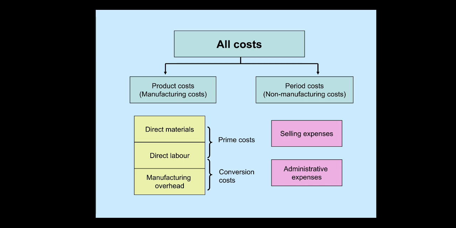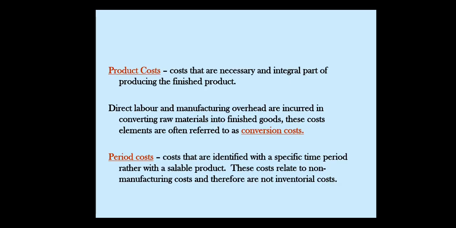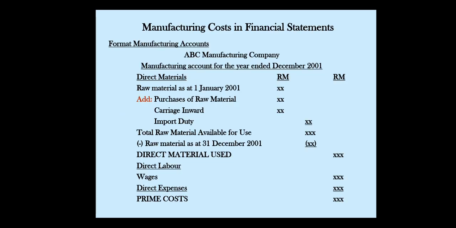That's why direct labor cost plus manufacturing overhead cost are called conversion cost. Cost to convert direct material to become a finished product. So these are the things that I have explained: product cost, conversion cost, and period cost.